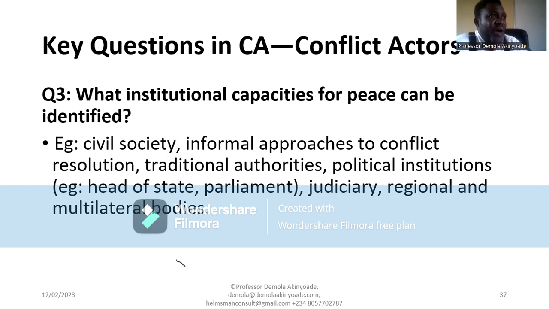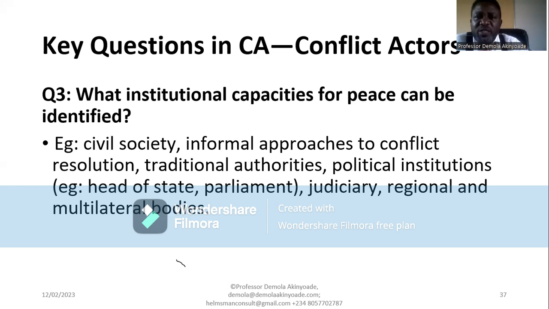Let's say violent conflict broke out and the two of them now have armies. But the two of them respect the Pope, or they respect a bishop, a cardinal. I know Obi is Catholic, I think. Maybe Okowa also is Catholic.